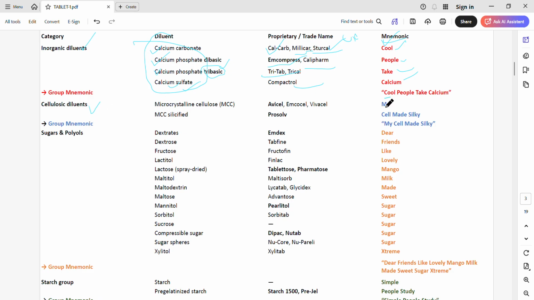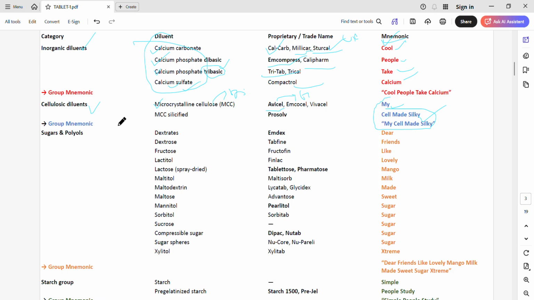For cellulose diluents, the first comes with the mnemonic "my cell made silky." My for microcrystalline cellulose, which is MCC. It is also used as a disintegrating agent. Its proprietary name is Avicel. It frequently comes in many competitive exams, and GPAT also.